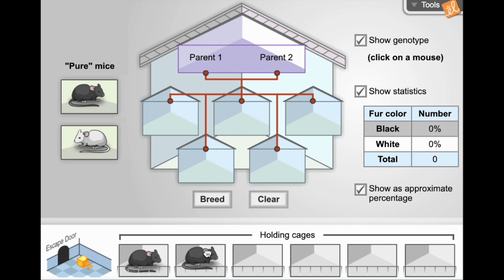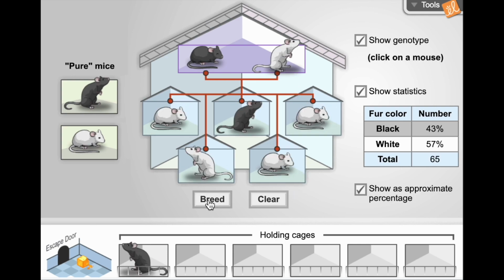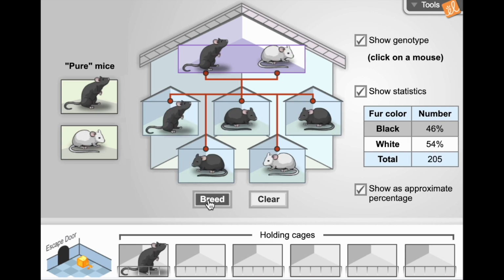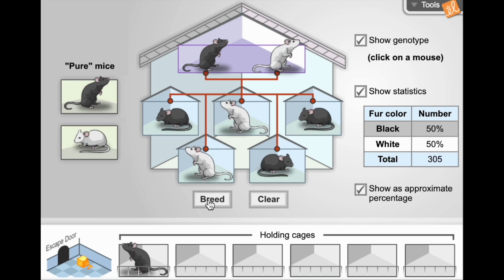What I want to breed next is the heterozygous mouse and one of the purebred. And I'm going to click this 500 times as well. So, 500 total offspring. Sometimes you can see that there's 3 white, 4 white.